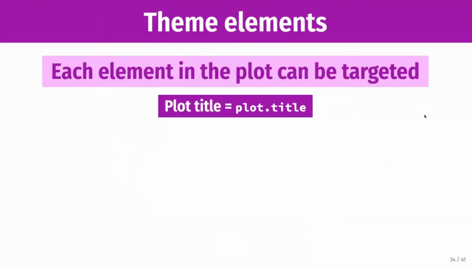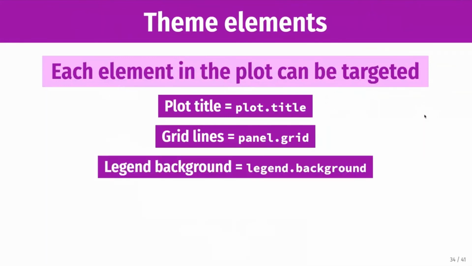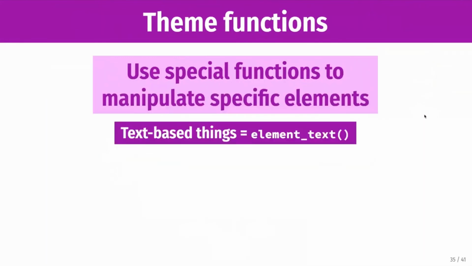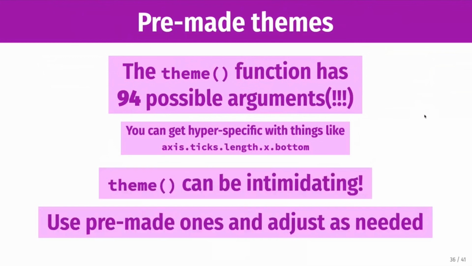You can have simple things like plot.title, panel.grid, legend.background, stuff like that. But you can also get hyper specific, like axis.ticks.length.x.bottom. That will target just the axis tick lengths on the bottom x-axis, not the top x-axis if you have a second x-axis. And that is really hard to use. So what I typically do is I just use one of the pre-made ones.